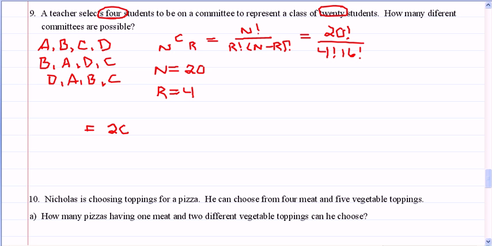So for 20 factorial, I multiply 20 times 19 times 18 times 17, and I stop at 16 factorial because 16 factorial is the larger number in the denominator.